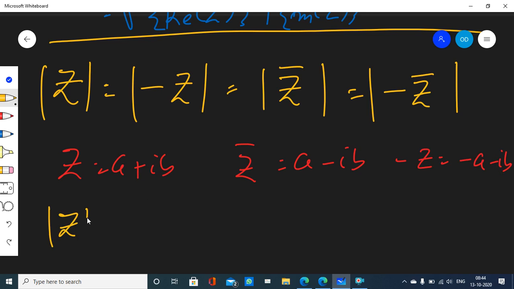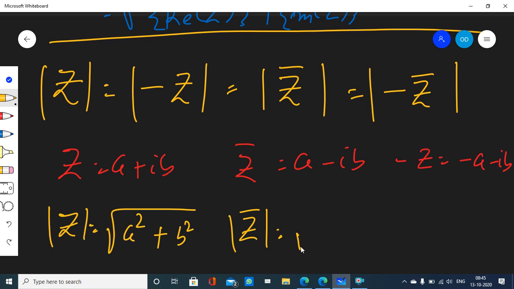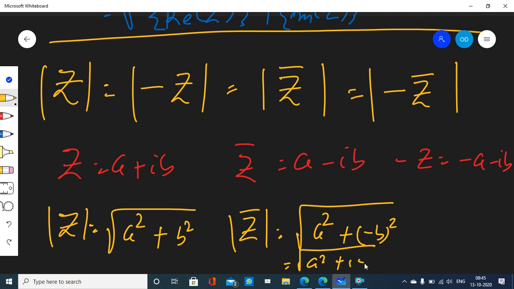Let's take mod. Mod of Z will be the square root of the real part squared plus the imaginary part squared. The real part is a, the imaginary part is b. For the conjugate, the real part is a squared plus the imaginary part minus b squared, and minus b squared is the same as b squared, right? So they are the same.